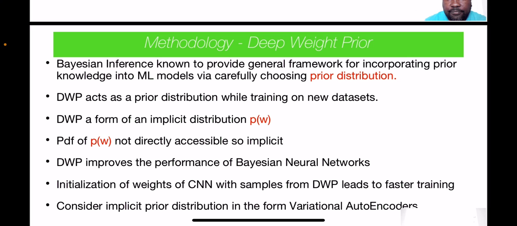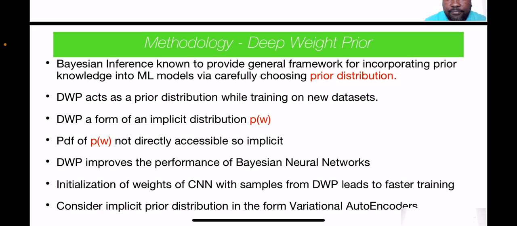Methodology of deep weight prior. Bayesian inference is known to provide a general framework for incorporating prior knowledge into machine learning models via careful choice of the prior distribution. DWP acts as a prior distribution while training on a new data set. That's how we train, using some prior distribution for the weights.